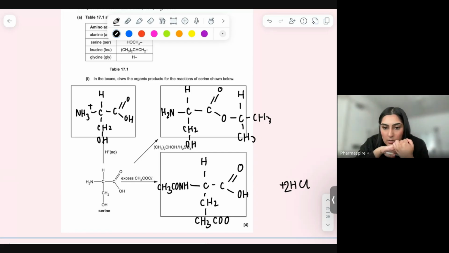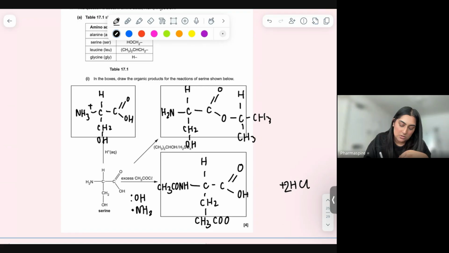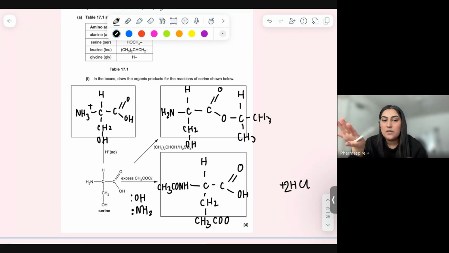Why does it go with the alcohol at the bottom? Because it's nucleophilic, okay? All your nucleophiles in this are obviously your OH and your NH2. So that's why it's jumping on. To get rid of the Cl, they like to add on to nucleophiles. Is that okay? Why does it not go at one?